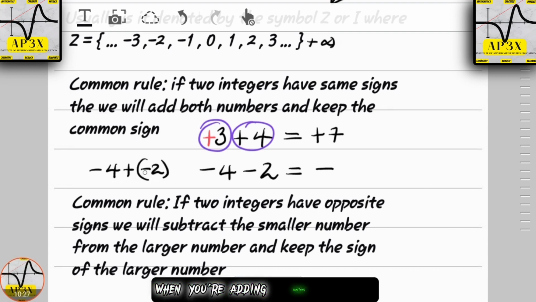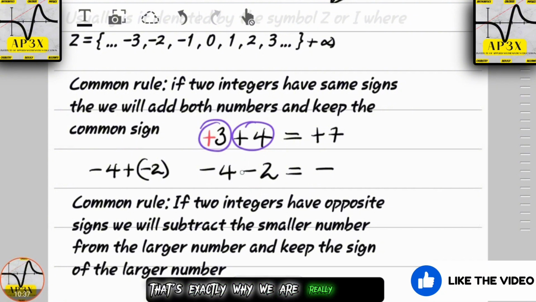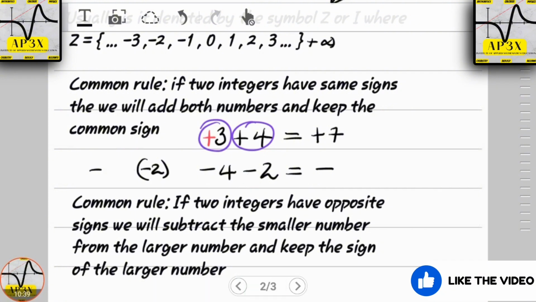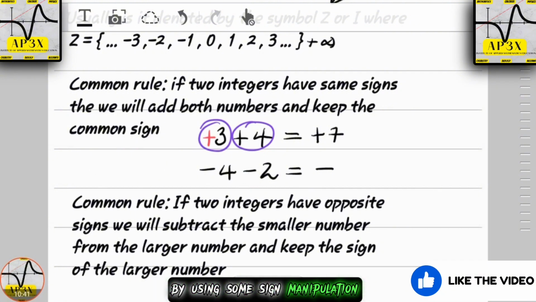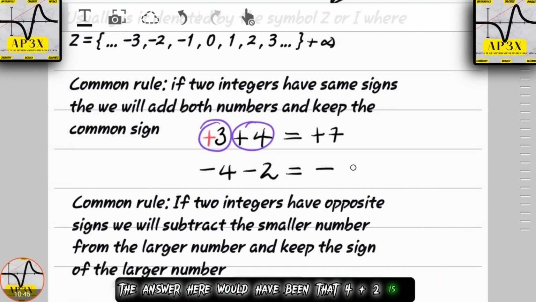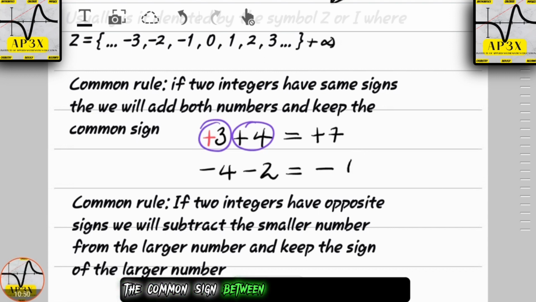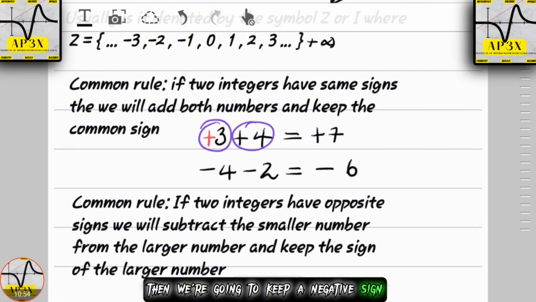When you add something negative to something that is already negative, it becomes even more negative. That's exactly why we are really adding, by using some sign manipulation. So the answer is that 4 plus 2 is 6, and because the common sign between the numbers is negative, we keep a negative sign.